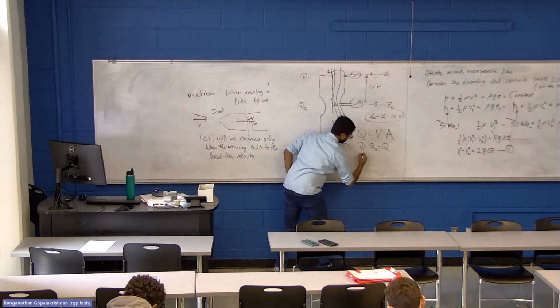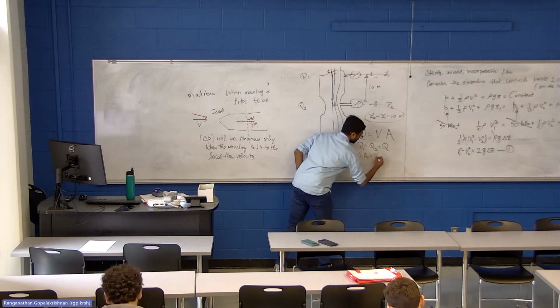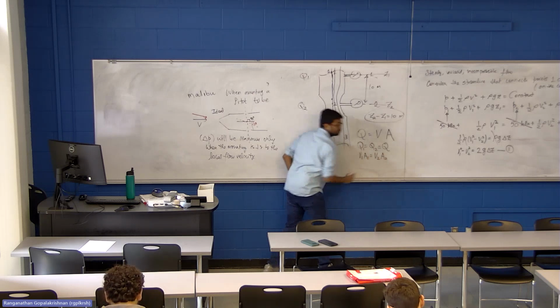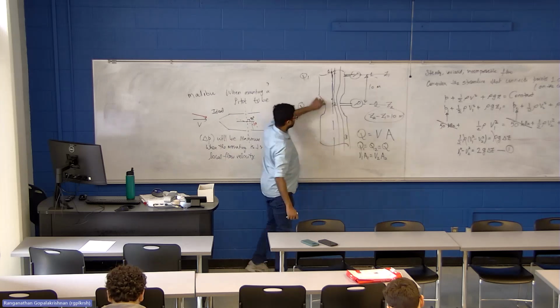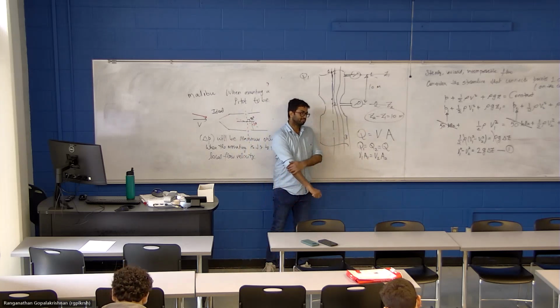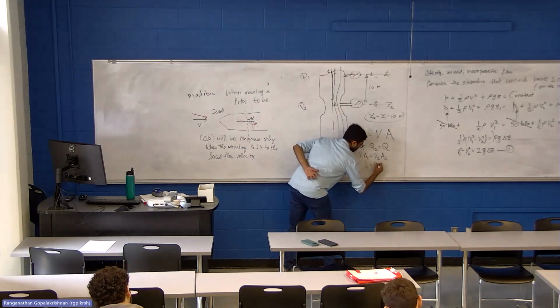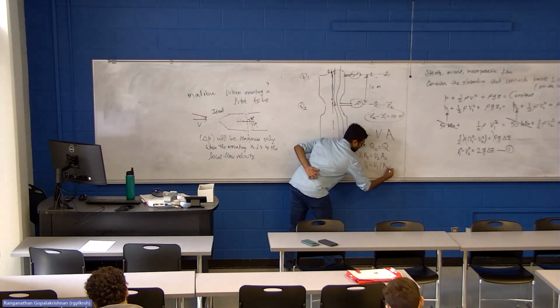Q1 is velocity 1 times area 1 equal to velocity 2 times area 2. Since area 2 is smaller, velocity 2 has to be bigger. So we'll write V2 is V1 times the area ratio.